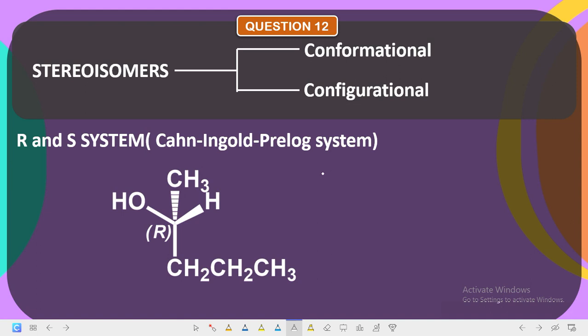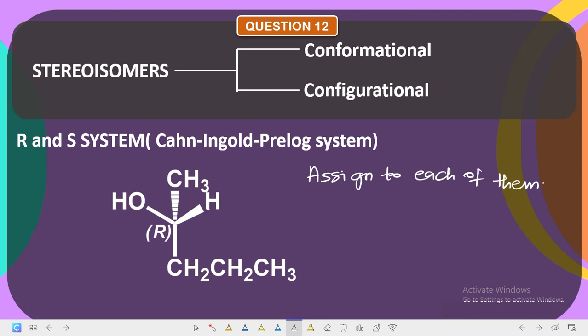Now, Cahn-Ingold-Prelog says that what you do in this case is assign priority to each of them around the chiral carbon center.